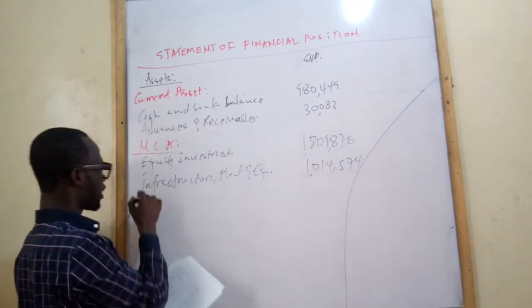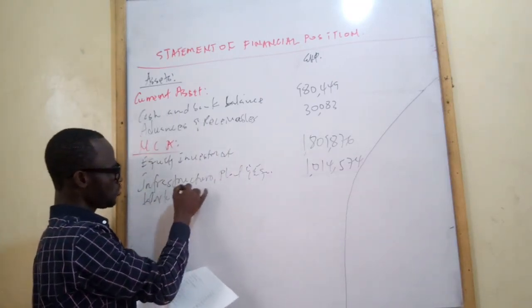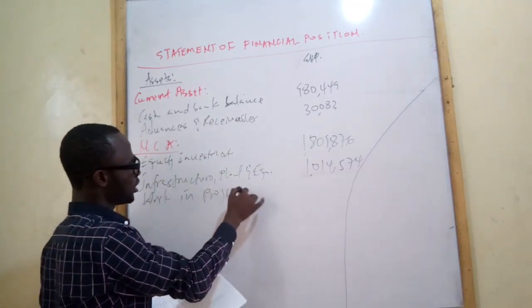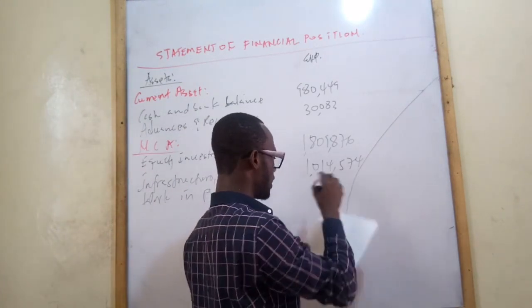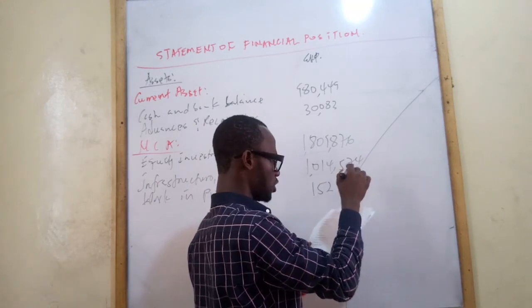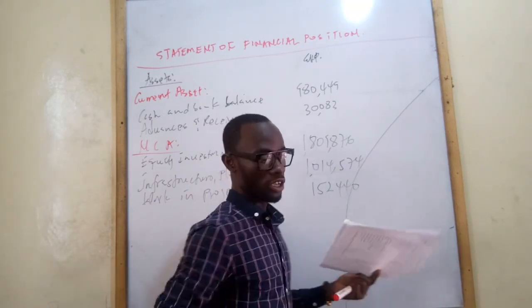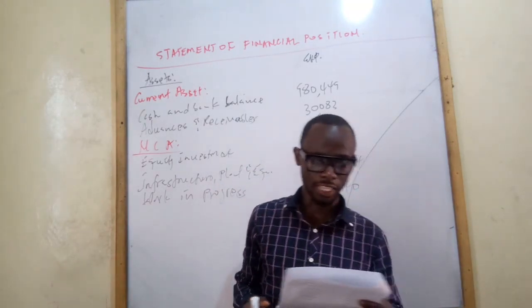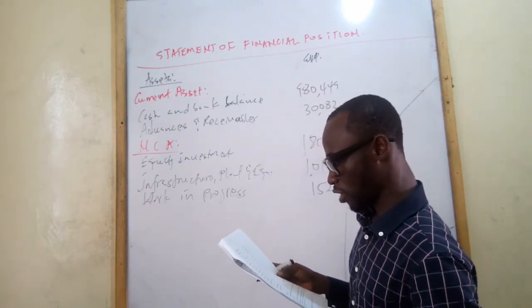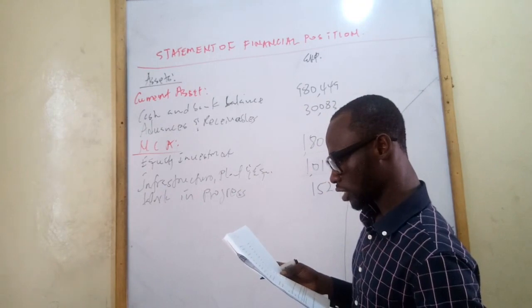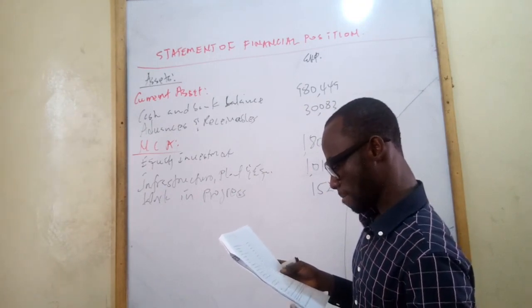Then I see work in progress. Remember, I told you that is an investment, and so it's a non-current asset, and that is 152,444. So these are the items that we bring in relation to the assets. Have we brought all of them? Let's see what else we have there.